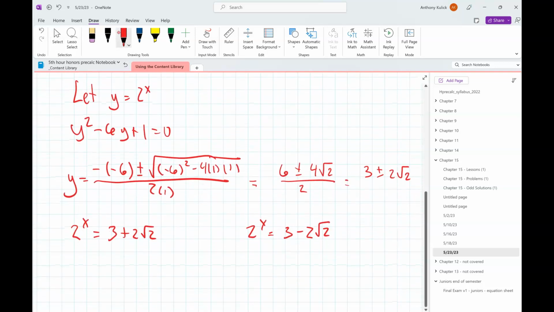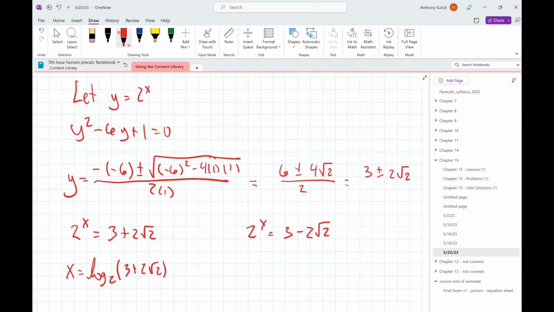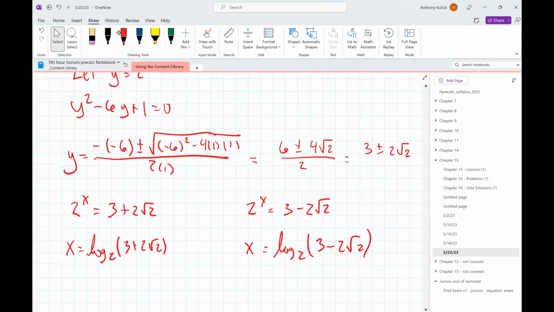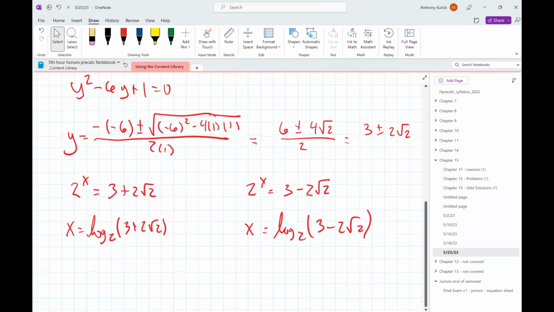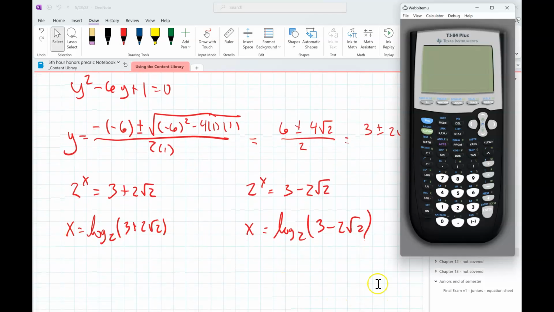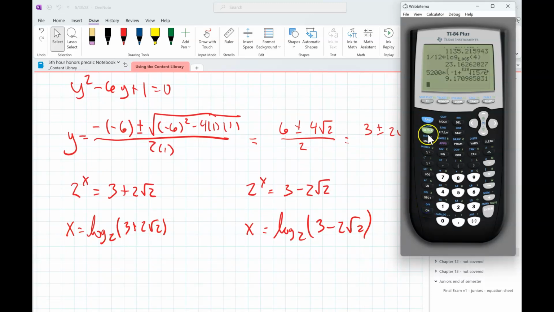And then to get rid of the exponent base of 2, I'm going to use log base 2. And at that point, it's calculator time. So to get the log base 2, I'm going to press math and use the log base command.